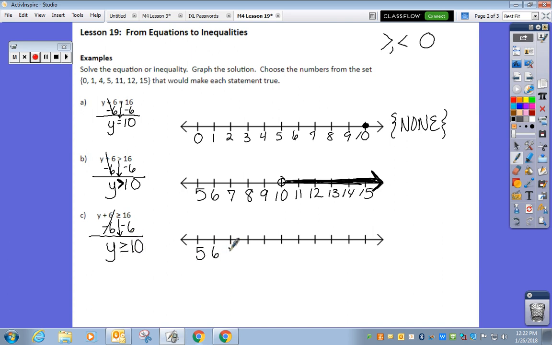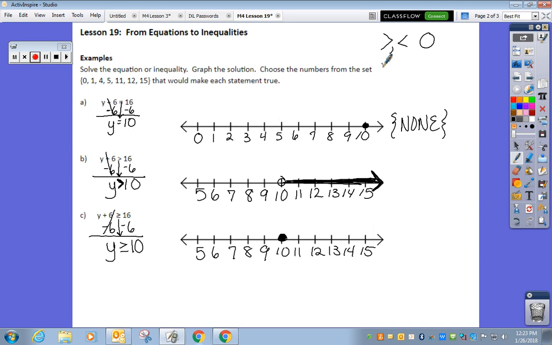So I'm just going to number the same exact way. In this problem, it says y is greater than 10, but it also says y can be equal to 10. When we have this line underneath, so either greater than or equal to or less than or equal to, that means at the number, we're going to put a closed circle.